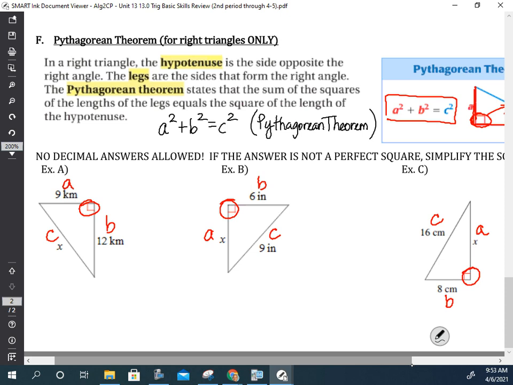So Pythagorean theorem here, you have a squared plus b squared equals c squared. So a is 9, b is 12. Nine to the second power is 81. 12 to the second power is 144. And 81 plus 144 is 225.